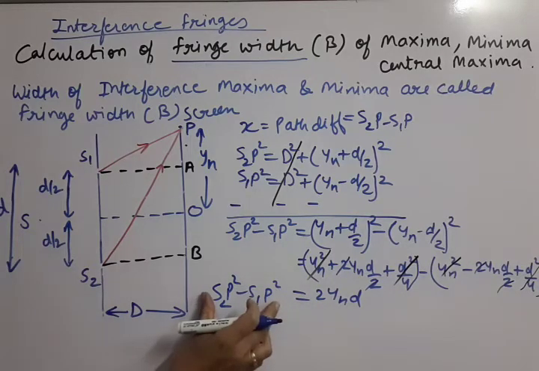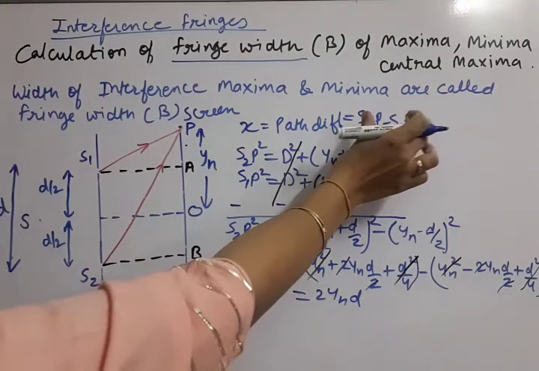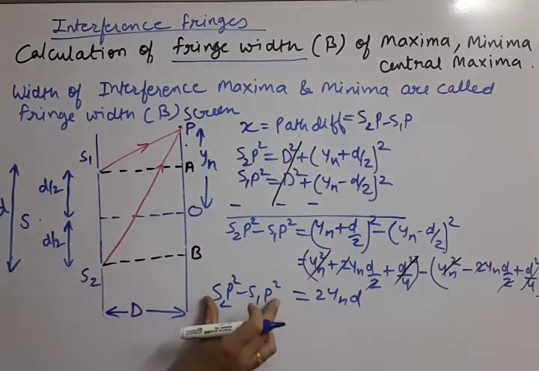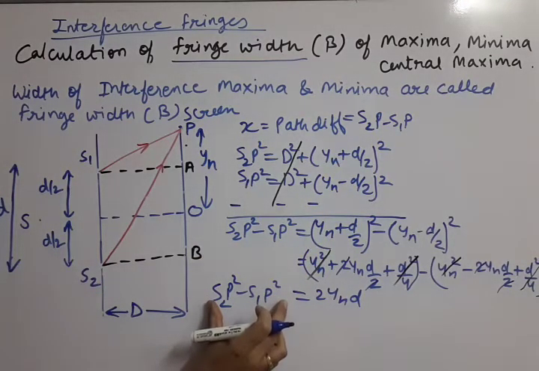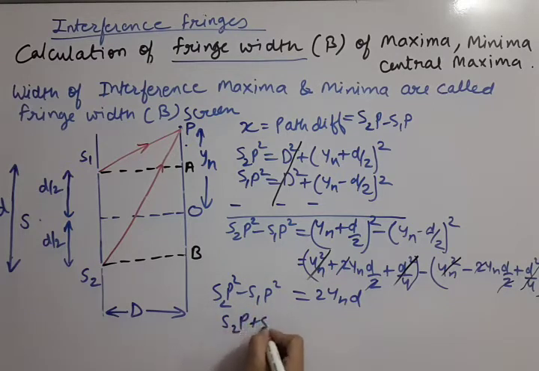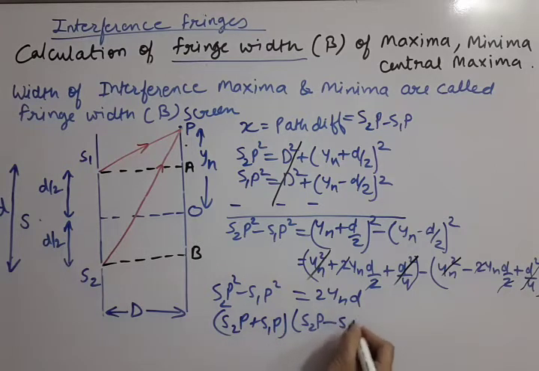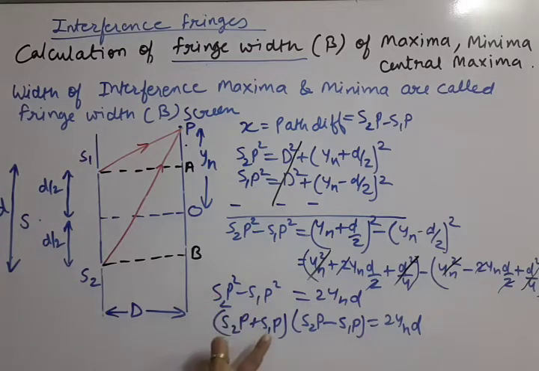Now we don't want the square, we want only this term, S2P minus S1P. So with the help of the a square minus b square formula, okay, a square minus b square is what? a plus b into a minus b. This way, we have opened this square: a square minus b square, a plus b, a minus b. This is the formula. Out of that, what do we want?